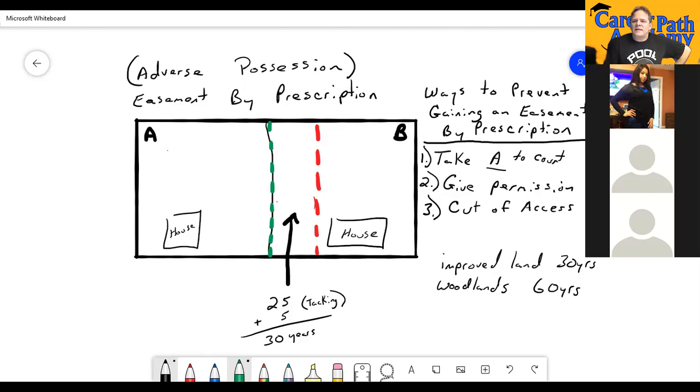These are the ways that they could prevent you from gaining an easement by prescription: by taking A to court, getting them to remove their fence and to stay off your property; by giving A permission to be on the property, which resets the time clock; or they could cut off the direct access by putting up their own fence where it belongs.